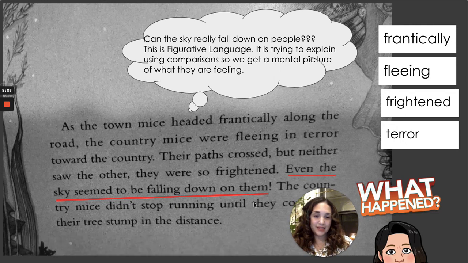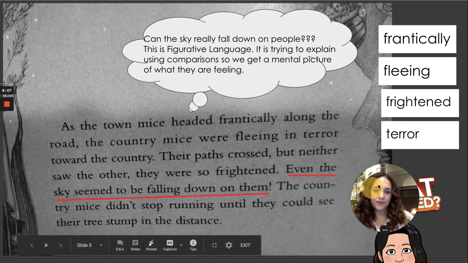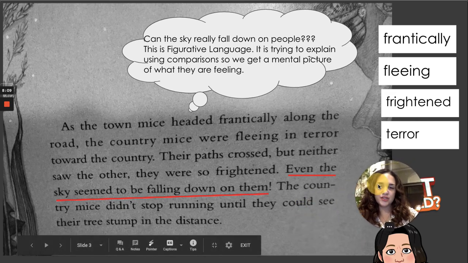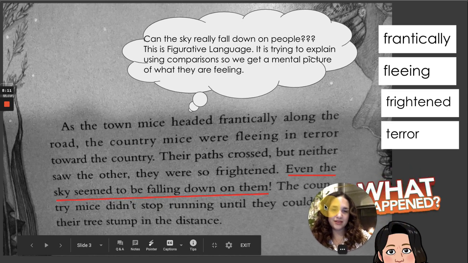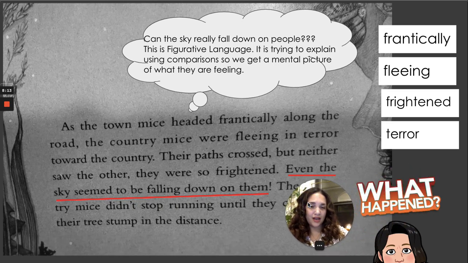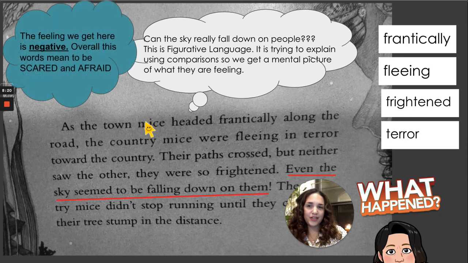Let me read the last sentence now. The country mice didn't stop running until they could see their tree stump in the distance. So if they're running, are they running because they're happy? I don't think so. I think I understand now. The feeling we get here is negative. Overall, these words mean to be scared and afraid.